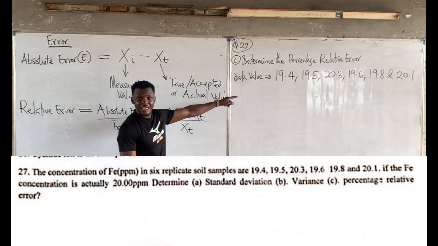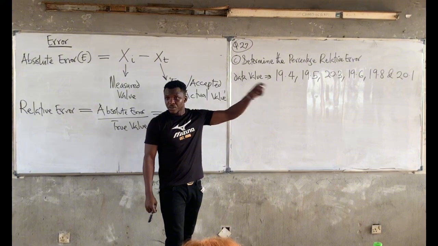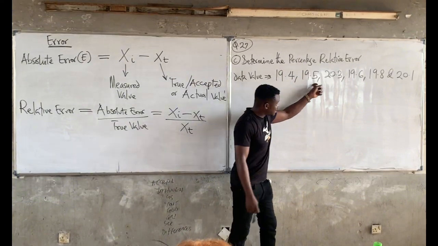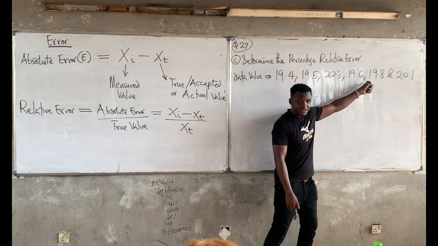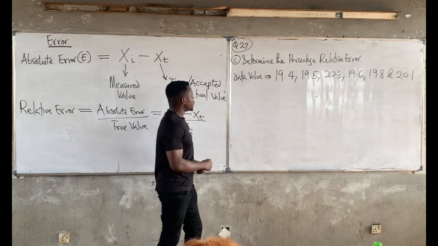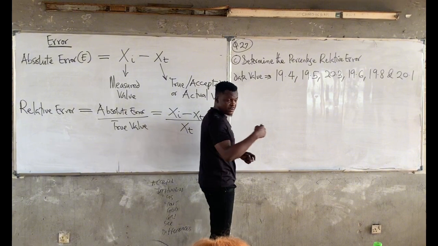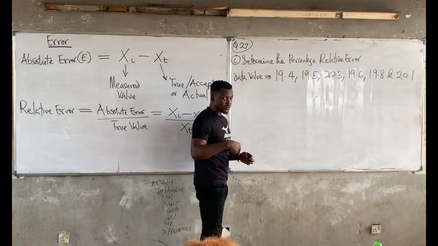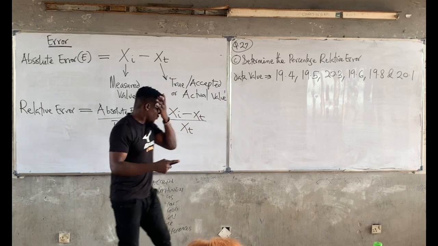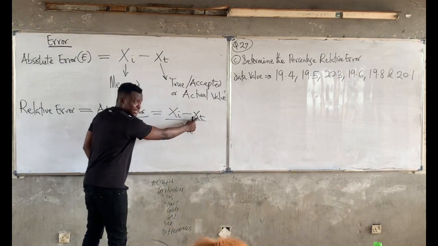Look at this question. It's very simple, but it's very stressful. That means you're going to do the error for each of them, for this, this, this, this, six times. Now, in that same question, they told us the actual value, because you cannot solve for relative error without the actual value. Relative error is measured minus actual.